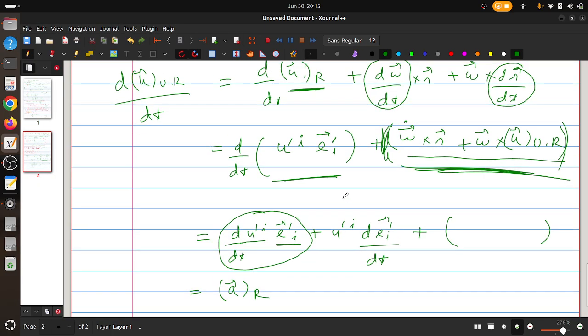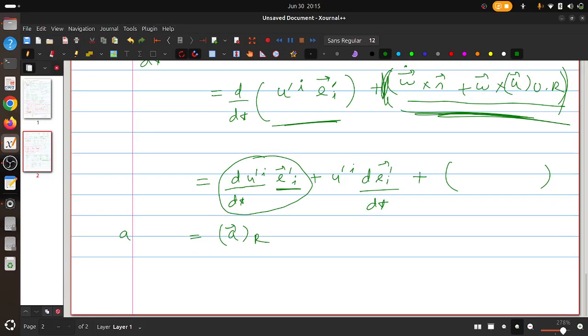And what should be the LHS? So LHS is just acceleration in the non-rotating frame, right? Acceleration in the non-rotating frame is equal to acceleration in the rotating frame, this quantity, but plus u prime I d e I prime by dt.